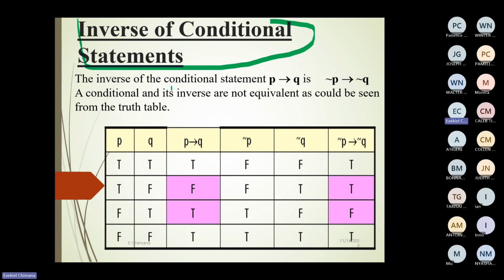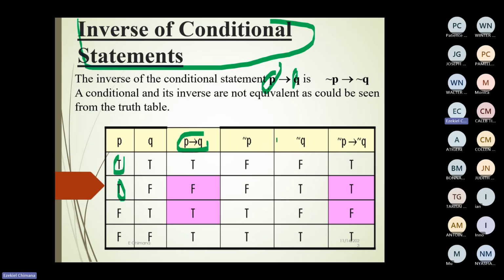So the inverse of the conditional statement, P implies Q, is negation of P implies the negation of Q. Remember, we have only two statements, so we are going to have 4 rows: true, true, false, false, and then true, false, true, false. And then from there, we are going to have this implication.